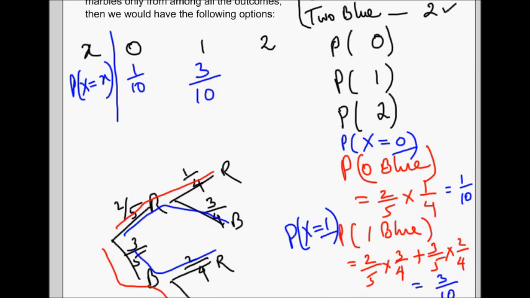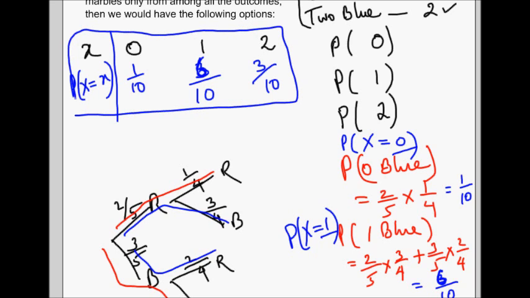Okay, sorry, this should be 3 over 10 plus 3 over 10, which is 6 over 10. Therefore this is 6 over 10, which could be taken as 3 over 5, but 6 over 10 would be better. So this table is called the discrete probability distribution. It's discrete because the values of x, 0, 1, 2, are discrete. Okay, therefore this is called discrete probability distribution.